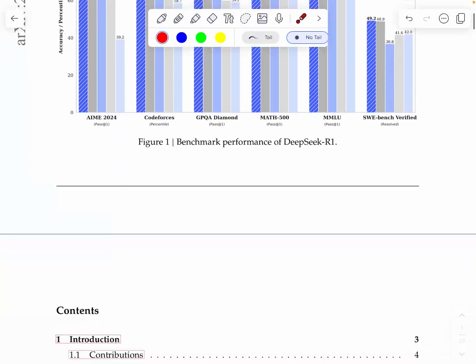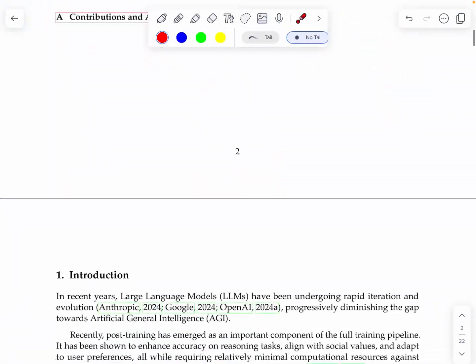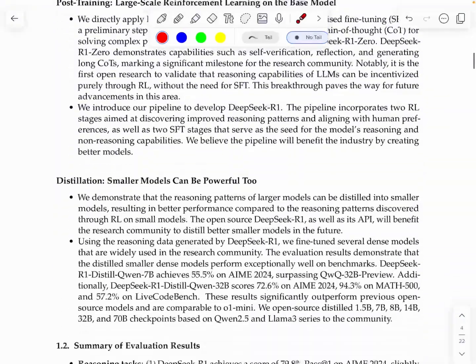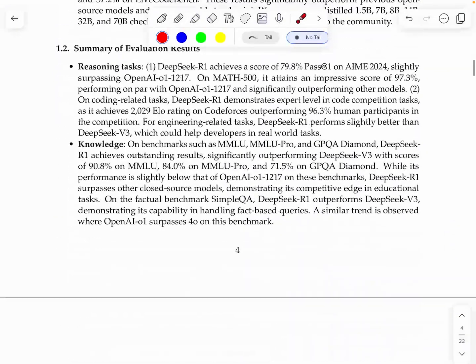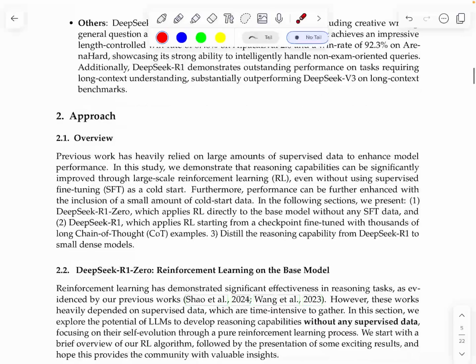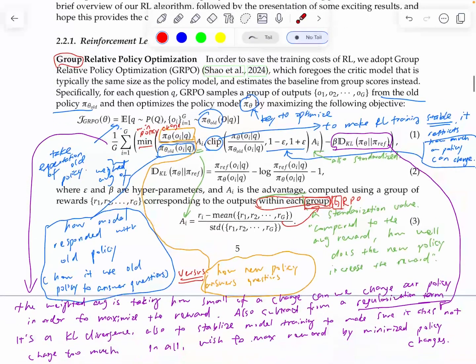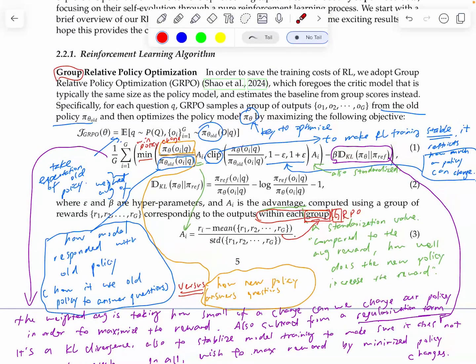Now let's just directly dive into the important part, the reinforcement learning algorithm. This paper says it's using Group Relative Policy Optimization, GRPO.